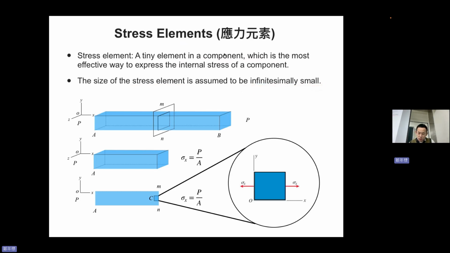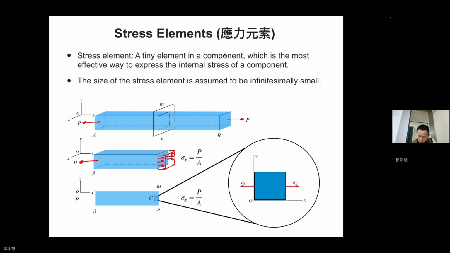Okay, so when you have this force P, remember that if we cut it in the middle, we have a uniform loading, just like uniform flow, right?